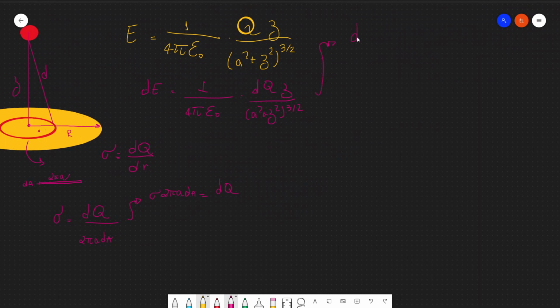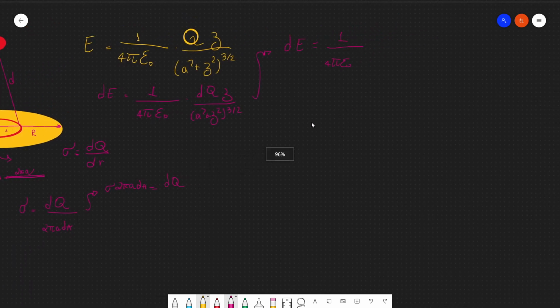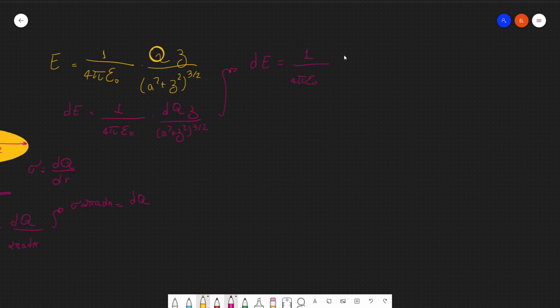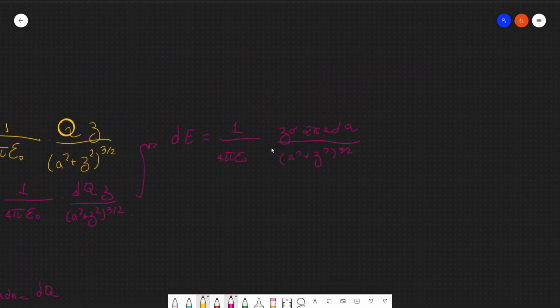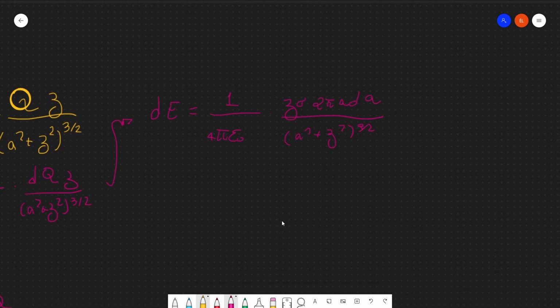So dE is just equal to 1 over 4 pi epsilon-0 times Z times sigma 2 pi A dA over (A squared plus Z squared) to the 3/2. So these are the rings, so we've got to integrate this monstrosity. I'm just kidding, it's not really hard.